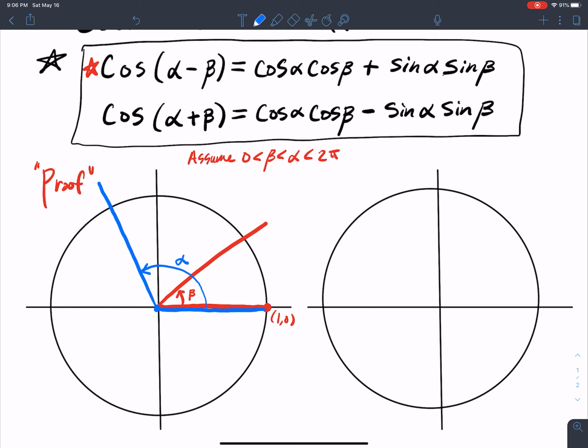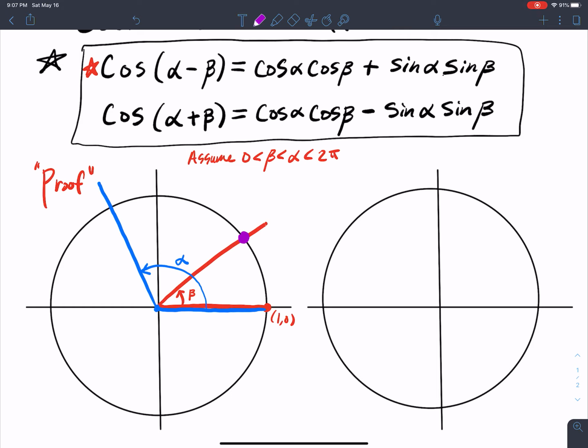It's a little bit bigger than beta. The intersection here, this point on the unit circle, we can find by evaluating cosine theta and then sine theta, whatever the angle is.